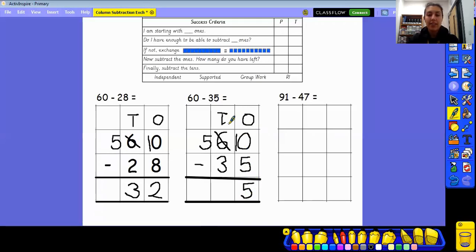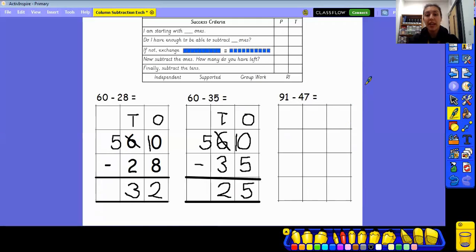And then now looking at the tens, 5 take away 3 equals 2. Well done. So 60 take away 35 equals 25. Once again, might be a good idea for you to pause the video, have a go at setting up this calculation on a sheet of paper or on a whiteboard, and then when you're ready, we'll go through the answers together.